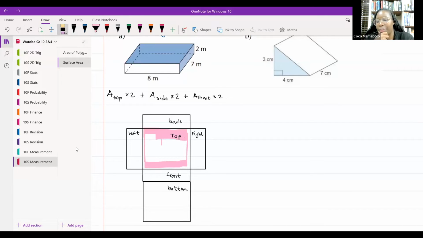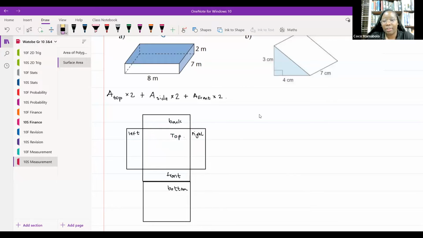What are my length and breadth going to be? Anybody? Somebody who's got an idea? Correct, Lucaniso. It's 8 and 7. Good.